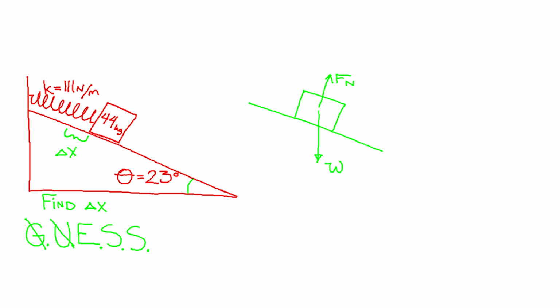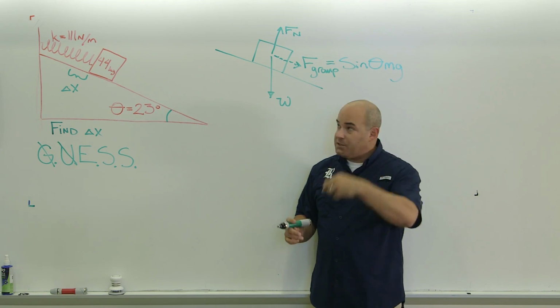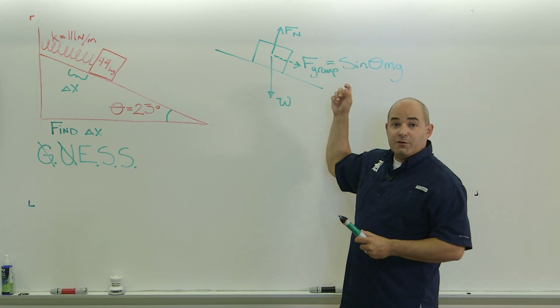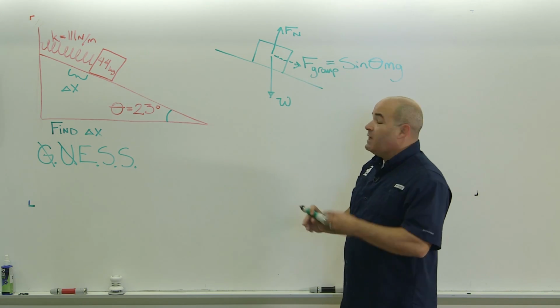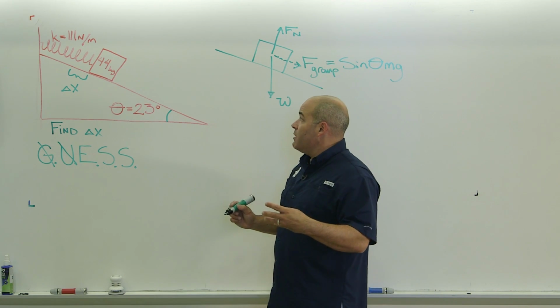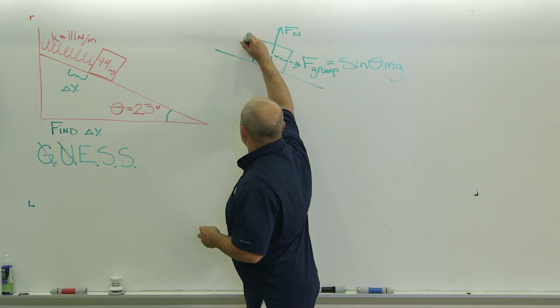Well, if you saw the previous video on F_agramp, we know that weight and normal force add up to F_agramp. If you haven't seen that video, I'd suggest you go back and watch it. It's a cool shortcut. This is the vector sum of the weight and the normal force. It's sine theta of the weight. And there's one more force that I haven't drawn in here, and it's the spring force.